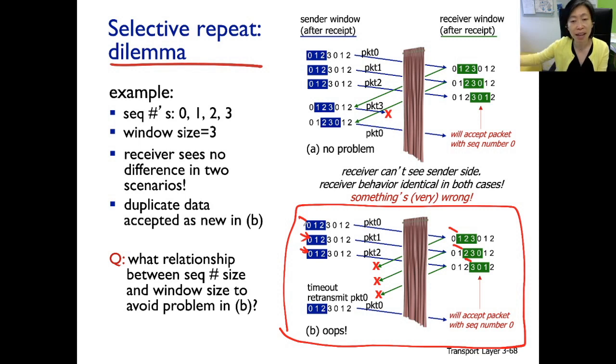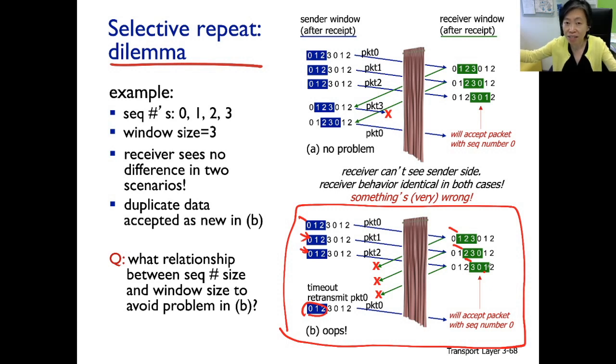So you have one end moving really fast and the other end staying. Okay? So you see in the end, the worst case is what? The sending window never really moved, but the receiving window moved the entire window. All right? So they're actually a window apart. If you want to make sure that none of the packets still in the sending window will be confused with the packets in the receiving window, what do you need to do?